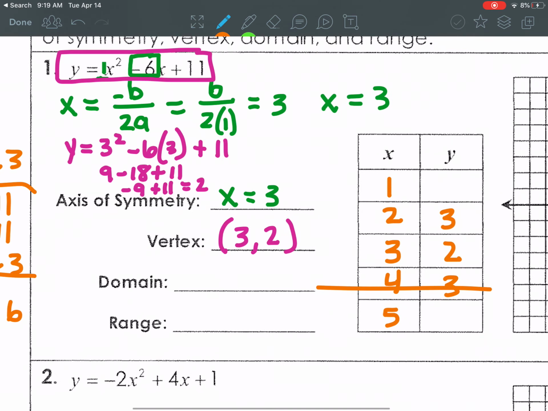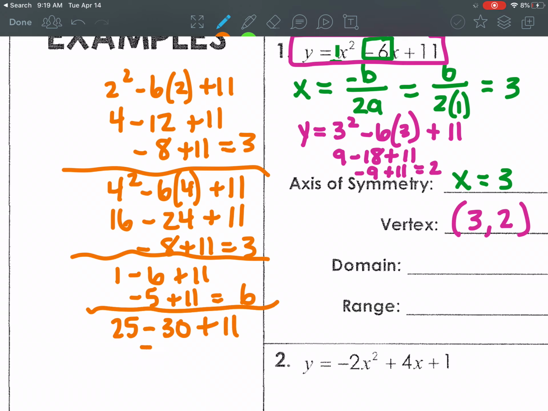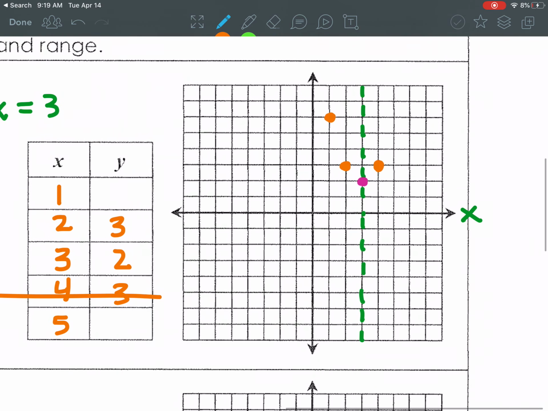And then we'll do 5. So 5 squared is 25, minus 6 times 5 is 30, plus 11. Negative 5 plus 11 is 6 again. So we'll go 1, 2, 3, 4, 5 on the x, and 1, 2, 3, 4, 5, 6. Again, notice they're mirror images.